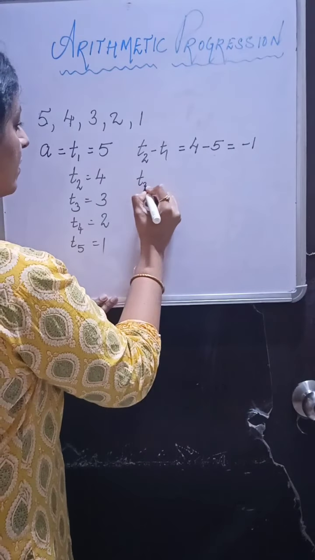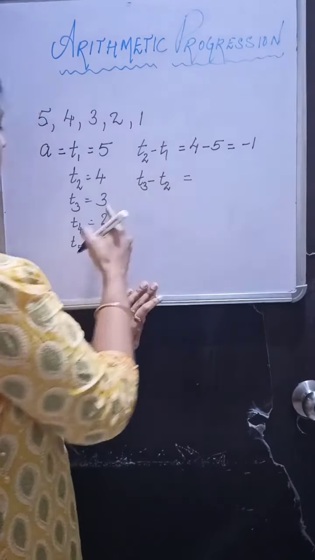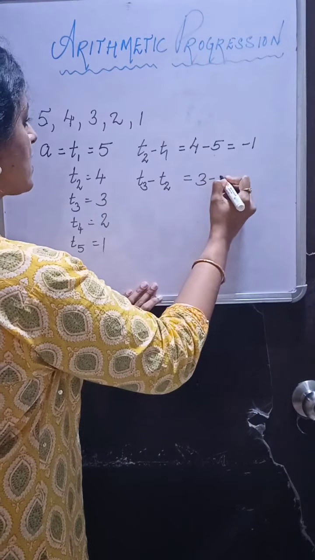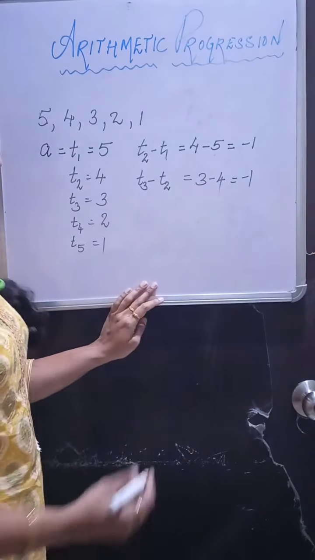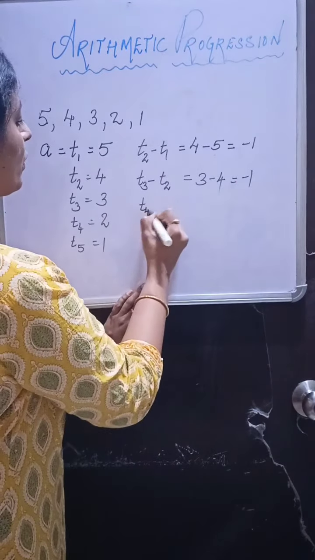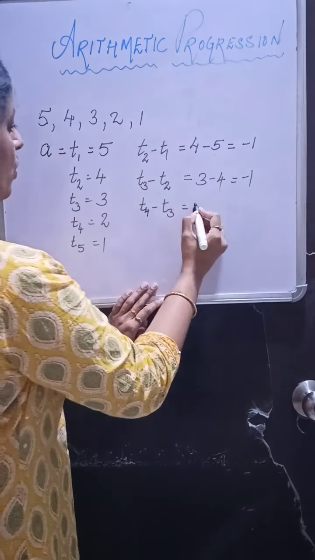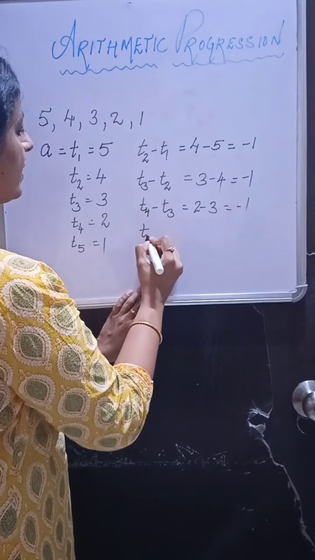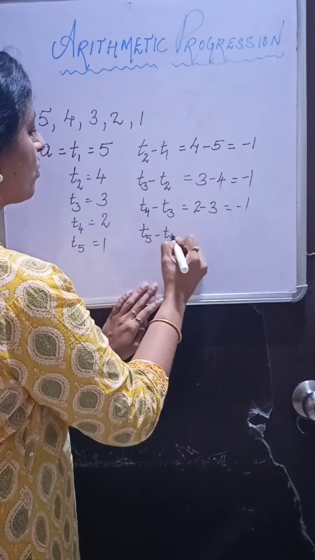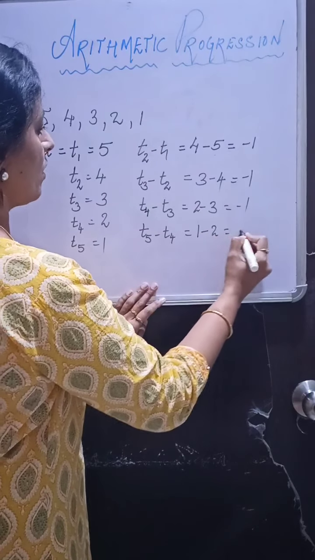Next, T3 minus T2: 3 minus 4 is also minus 1. T4 minus T3: T4 is 2, 2 minus 3 is equal to minus 1. And T5 minus T4: T5 is 1, 1 minus 2 is minus 1.